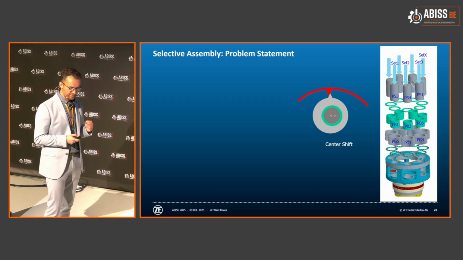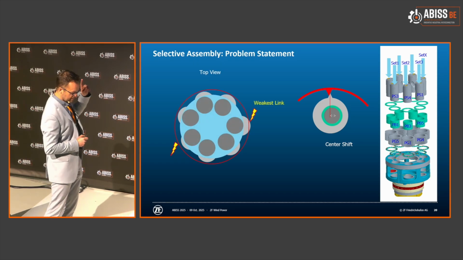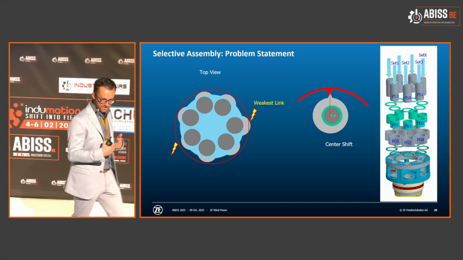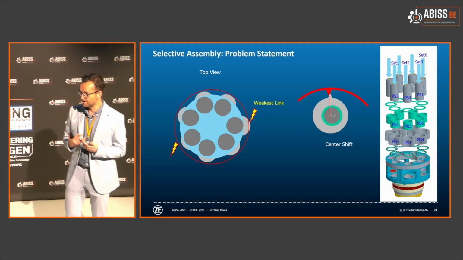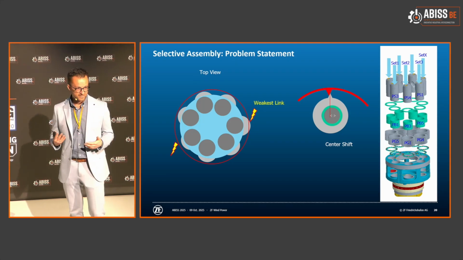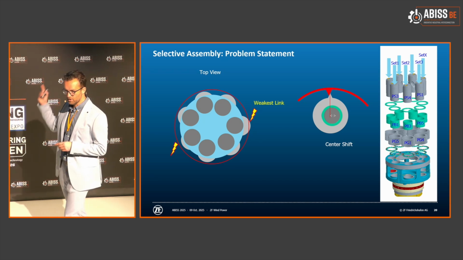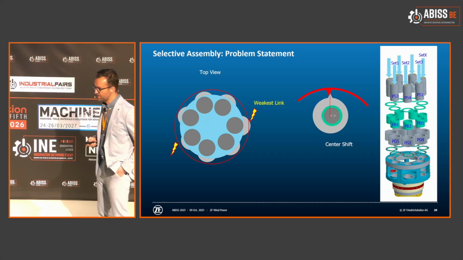And it's this center shift that we want to get under control, because if, for instance, one gear is sticking out further in this planet carrier, this becomes your weakest link. This is the part that has an even higher load on it than what it was designed for. So this one is the one most susceptible to breaking and causing these catastrophic failures.